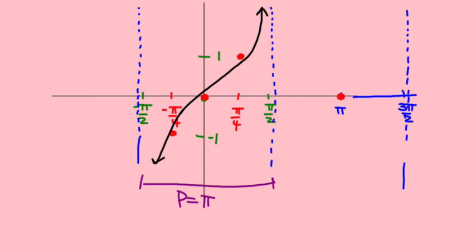And then the halfway points would be those two places. Pi over 4, 2 pi over 4, 3 pi over 4, 4 pi over 4, 5 pi over 4. And I go up 1 and down 1. And there's another snake. There is the parent function for a tangent.